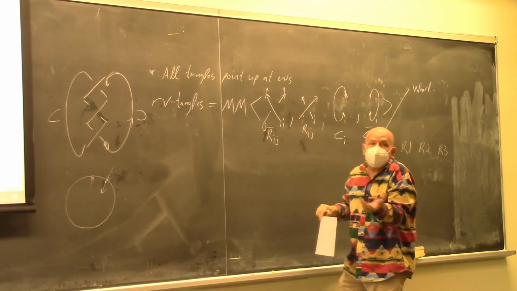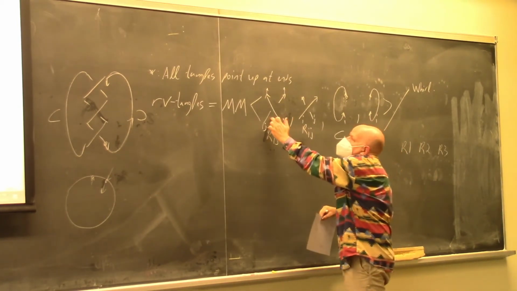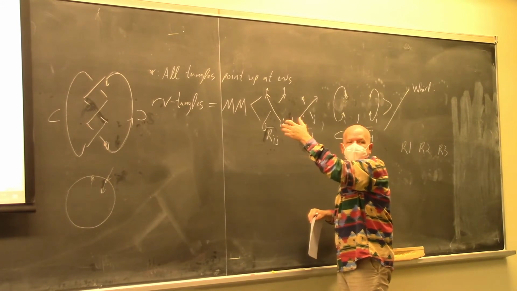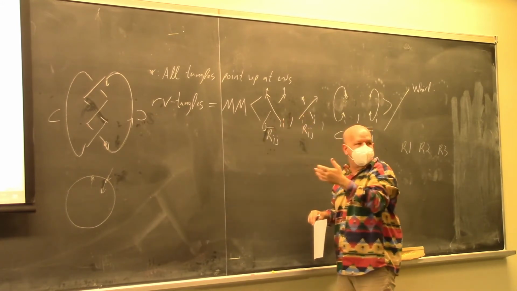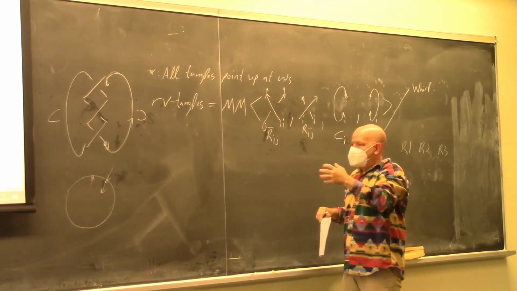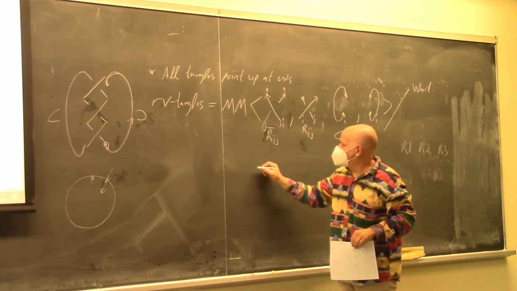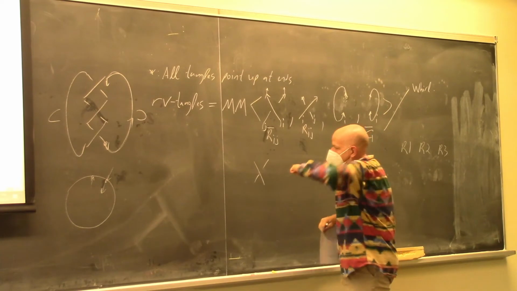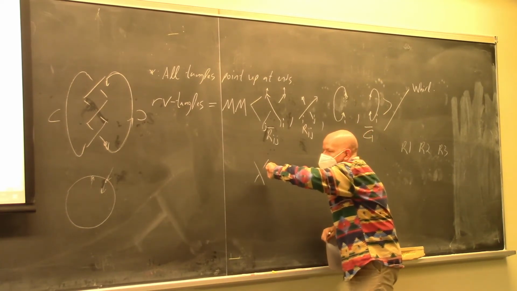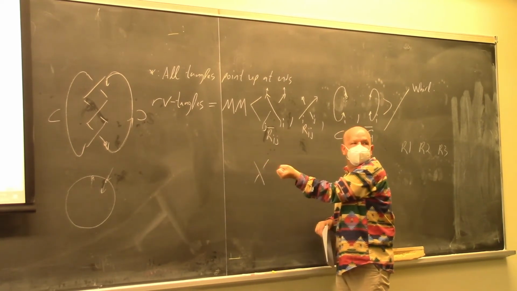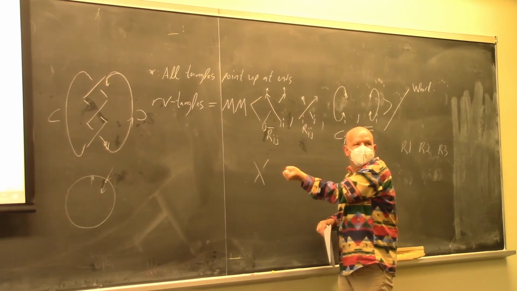So give me a note. It's not clear that all crossings have their strands pointing up. Okay? But what is clear is that if you have a crossing somewhere and it's not pointing up, you can hold it with your hand and rotate it by 180 degrees. Okay?